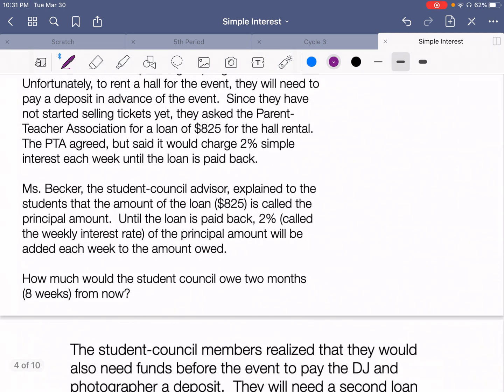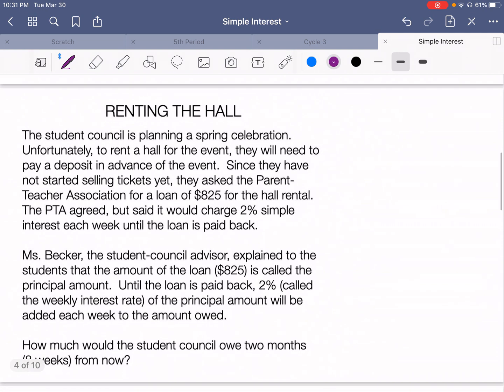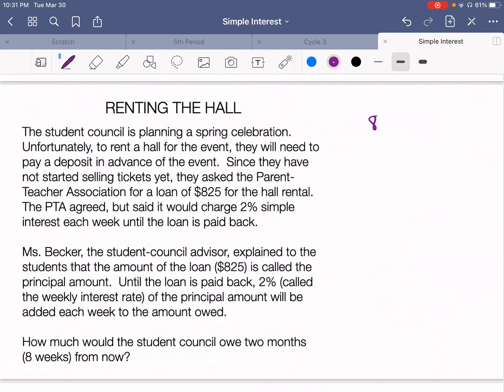Now it goes to 8 weeks. Well, you guys know what kind of person I am. I'm not going to add 16.50 eight times, right? I'm just going to multiply. So after 8 weeks, the lazy way to do this, aka the best way to do this, is 825 plus 8 times 16.50. And 8 times 16.50 is 132.